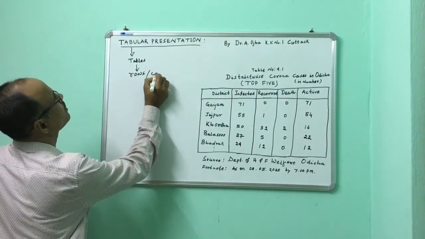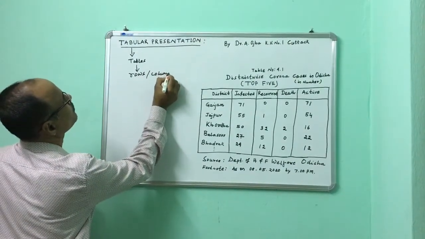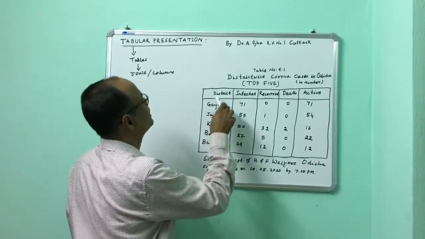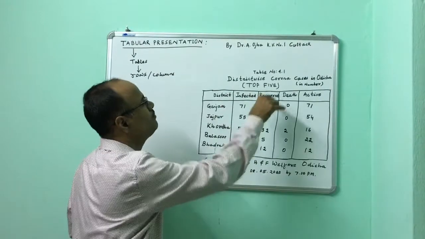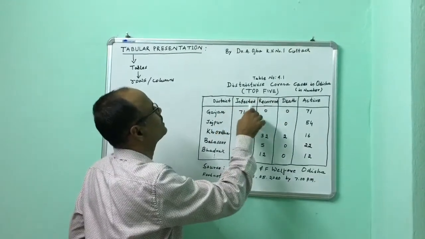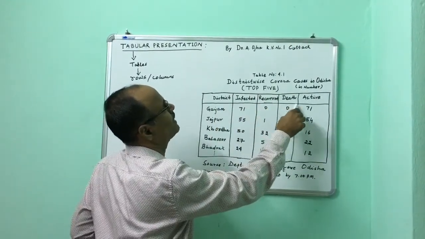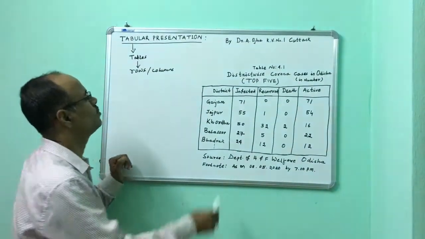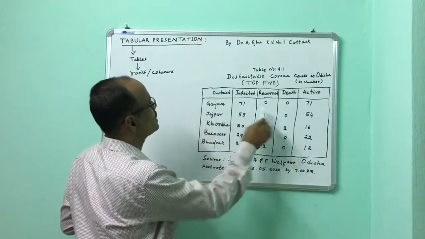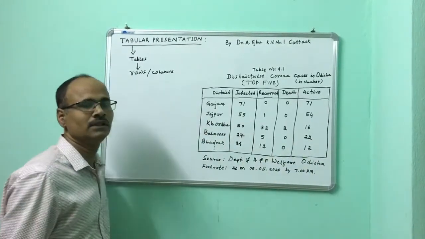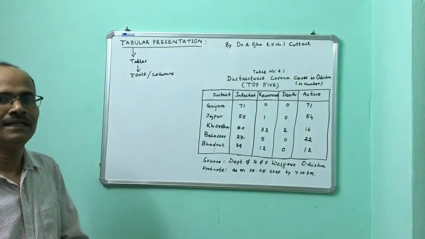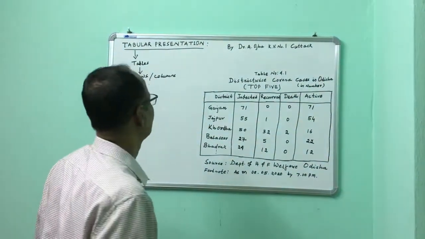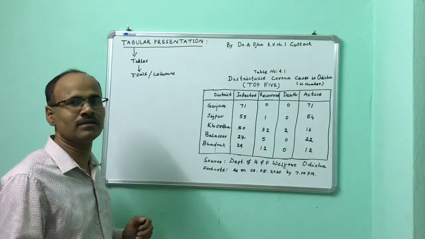Here district, infected, recovered, dead, active: these are the 5 columns, and rows are here district Ganjam, Jajpur, and so on. If you present the data orderly in rows and columns, then it is known as tabular presentation.